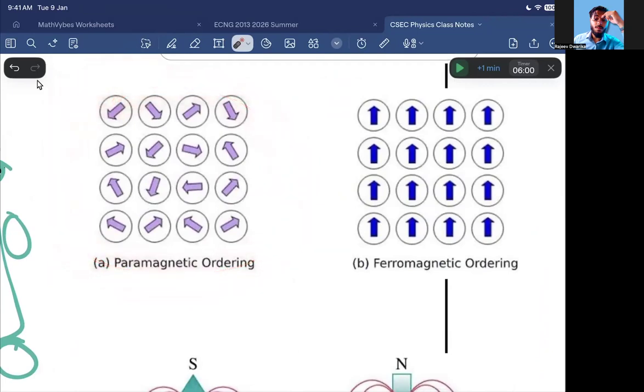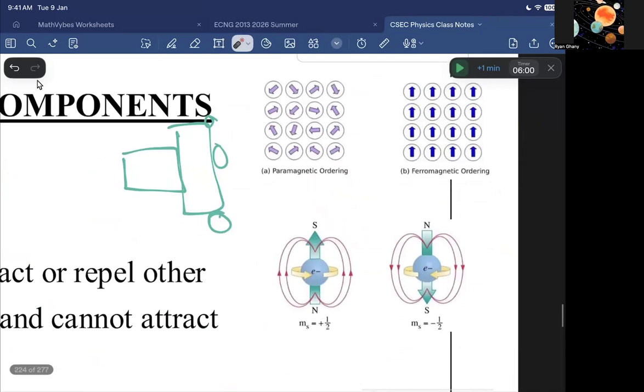But if you take a magnet and bring it close to the iron, the magnetic field of the magnet is going to cause the small magnets in the iron, the dipoles, to align. And if they align, it makes the iron magnetic for a brief point in time. So a temporary magnet. You understand? Yes, sir.